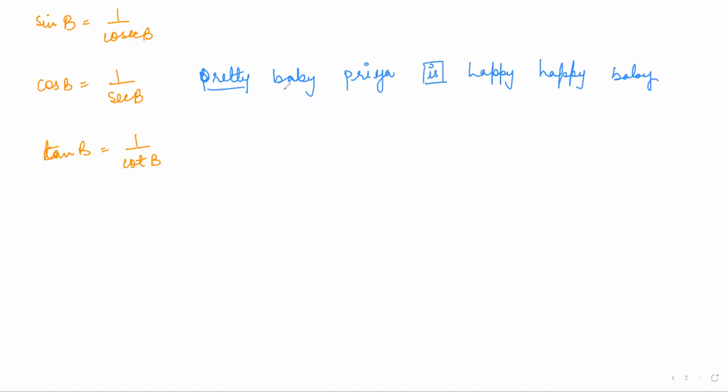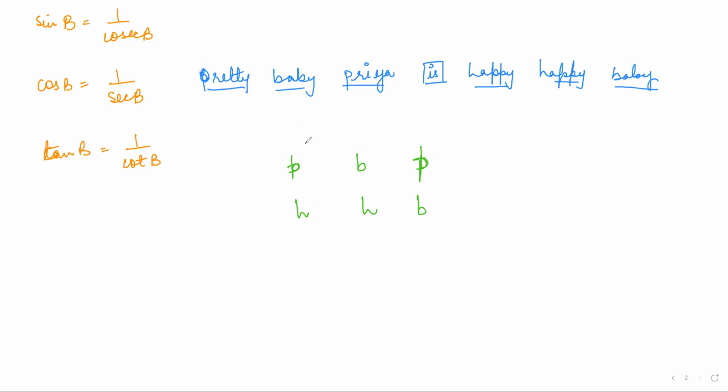So there are basically 6 words in this sentence, right? So you take the first letter of each. How do you write it? Pretty baby Priya is happy baby. Understood? Right? Yes, ma'am. Okay. Now if we take any angle, it's still the same, P by H and all. Just note this down.